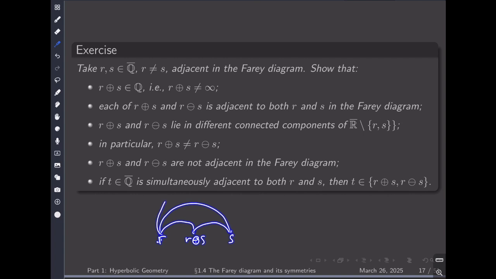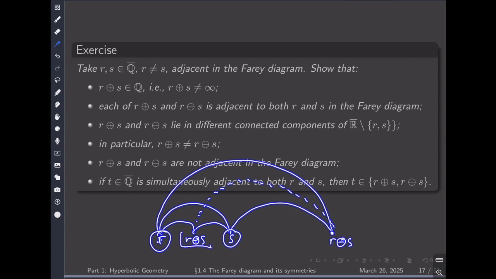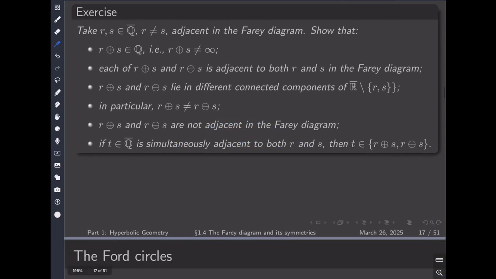Then by the exercise, they are adjacent also to R minus S, which we in fact already did. But also if you give me anything connected at the same time to R and S, it's only one of these two. So there aren't other strange simultaneous adjacencies to R and S. Okay, so that's what the exercise says.